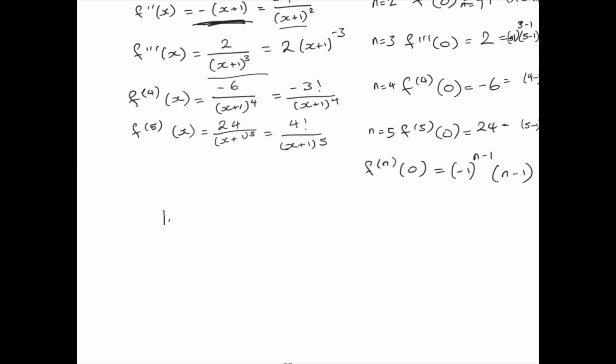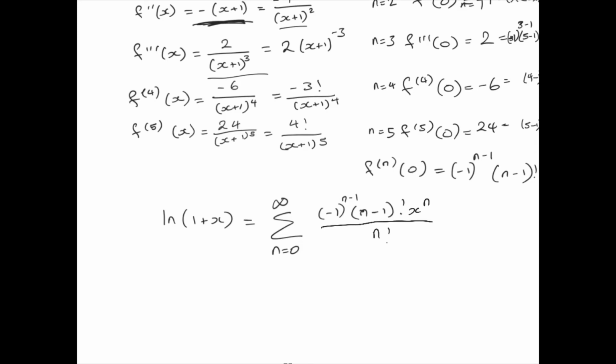ln(1 plus x) equals the sum from n is 0 to infinity of negative 1 to the n minus 1, times (n minus 1) factorial, times, what's the next part? x to the n over n factorial, but we can simplify that.